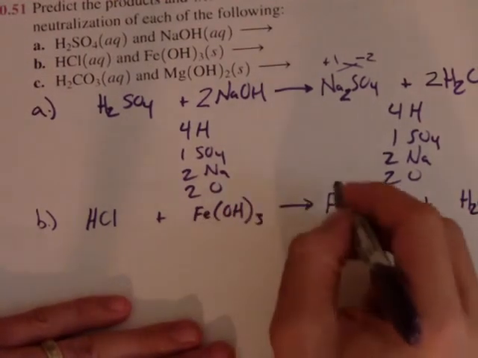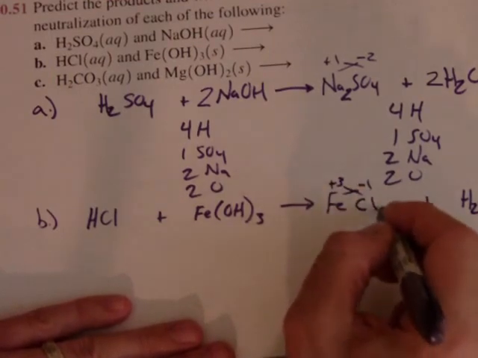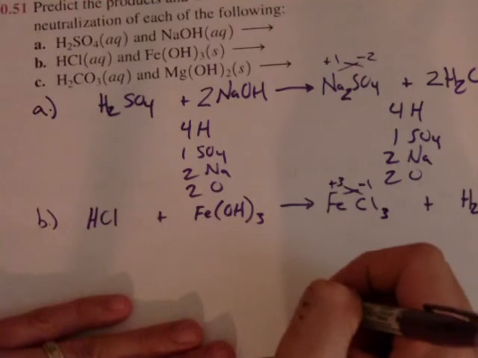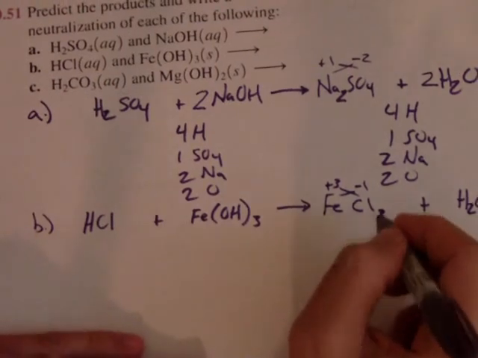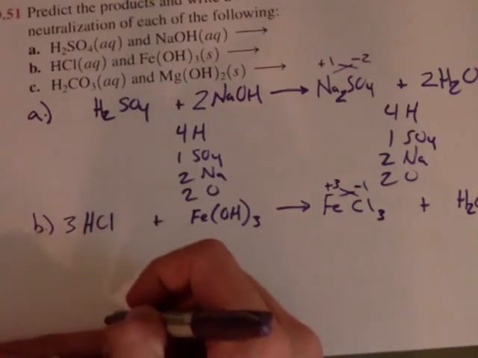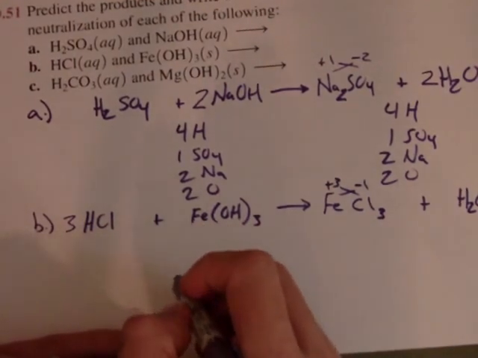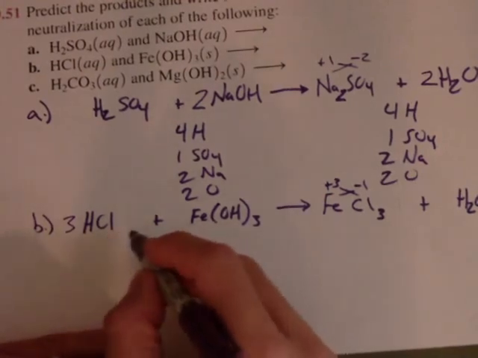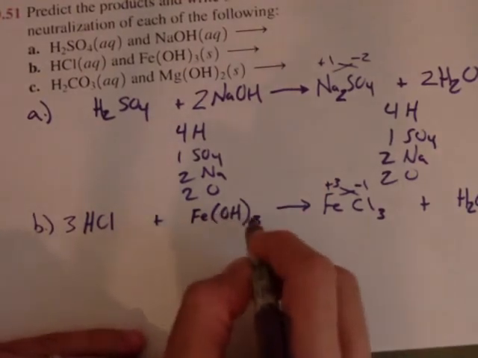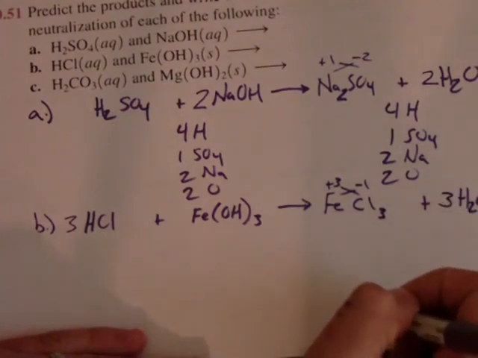And so iron was +3, chlorine is -1, crisscross, Fe3Cl3. We have 3 chlorines, only 1 here, so we'll put a 3 there. And then we have 3 oxygens here, and we only have 1 here. And that should balance us out.